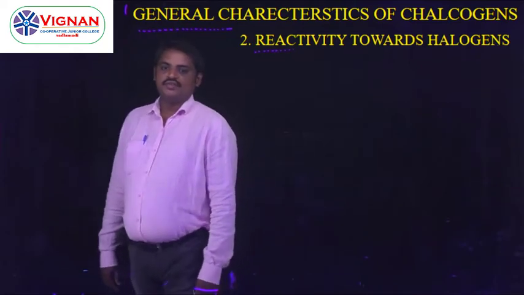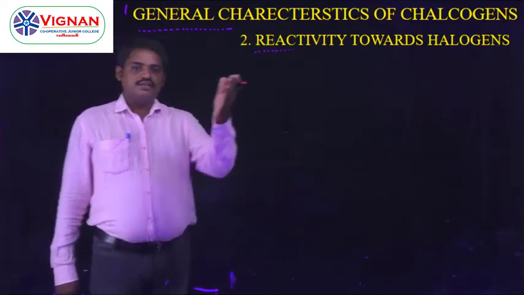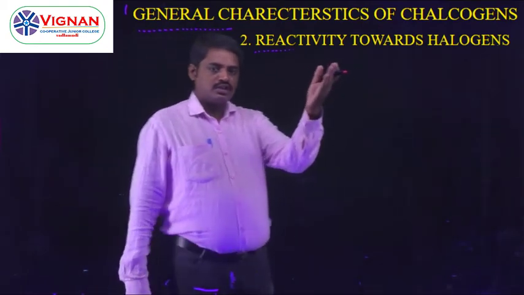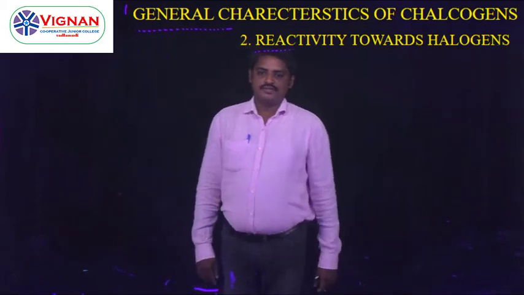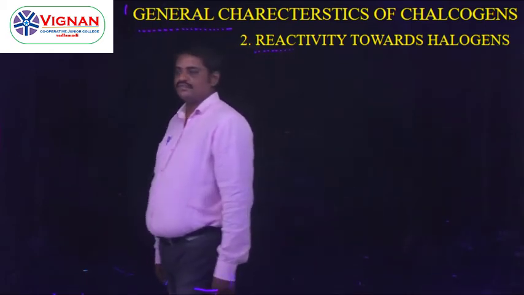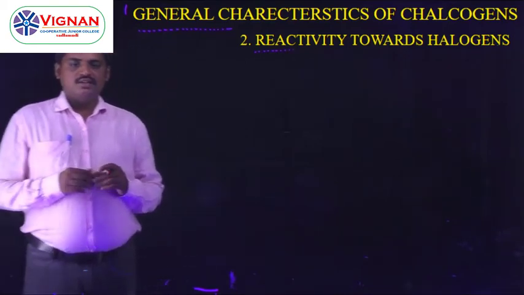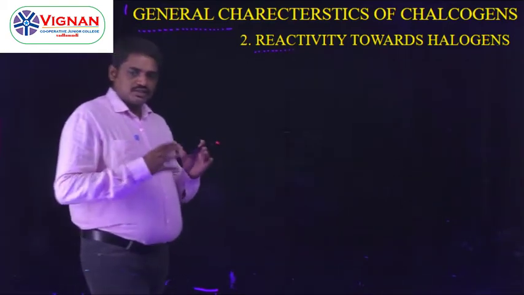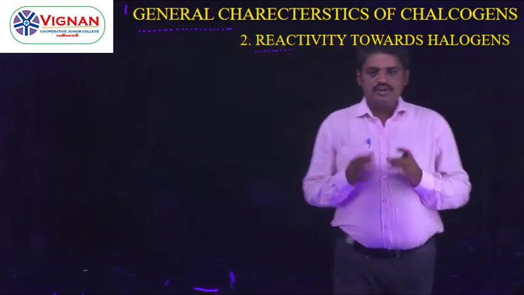Today we are going to learn about reactivity towards halogens for 16th group elements. The 16th group elements like oxygen, sulfur, selenium, tellurium, polonium.